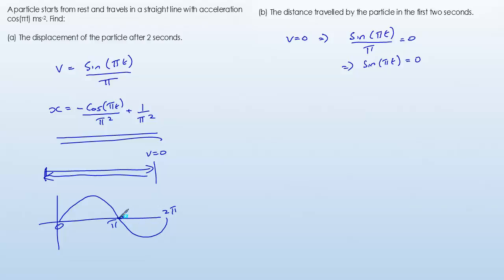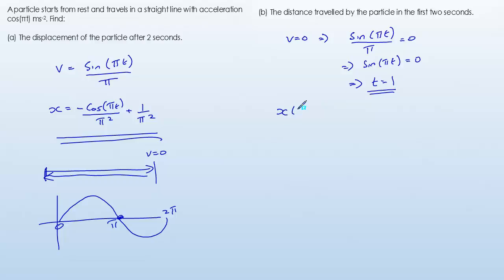So this is going to be when it first stops here. So that means that t is equal to 1, not 0, 1. Sine pi is 0. We know that's true. And t equals 1 is between t equals 0 and t equals 2, so that makes sense. So it's going to turn around at that point there.